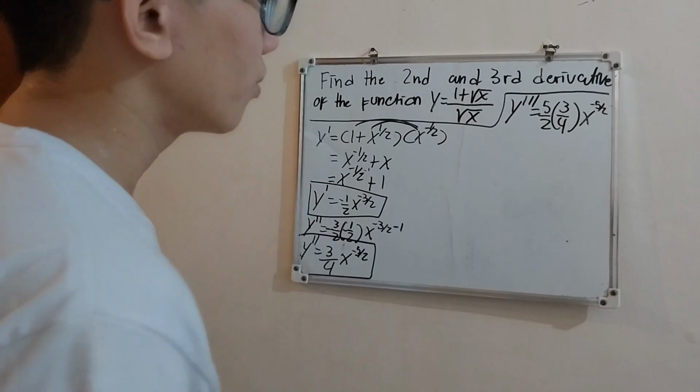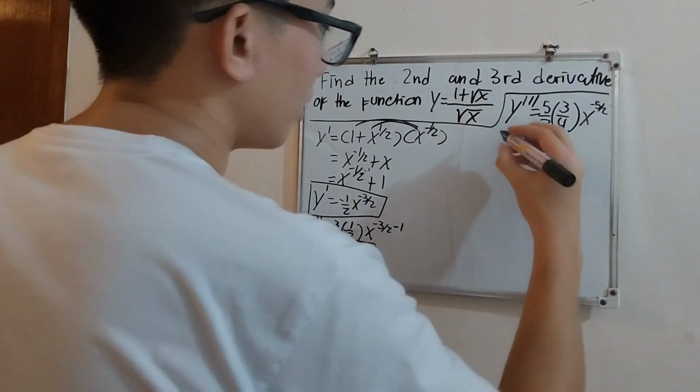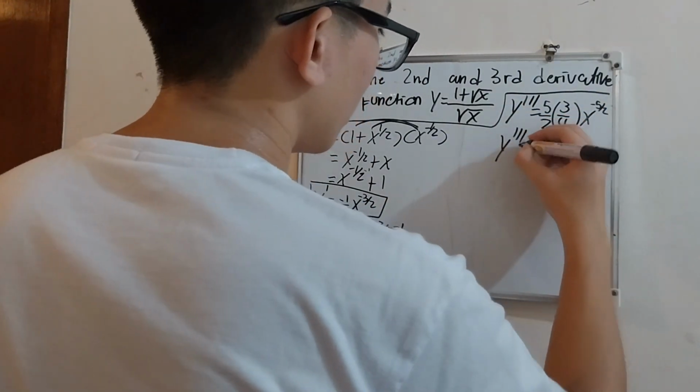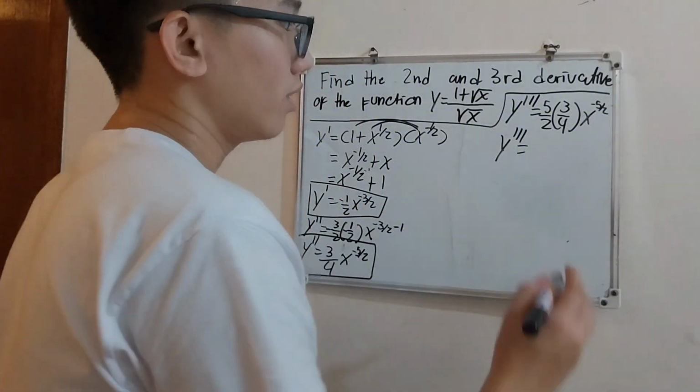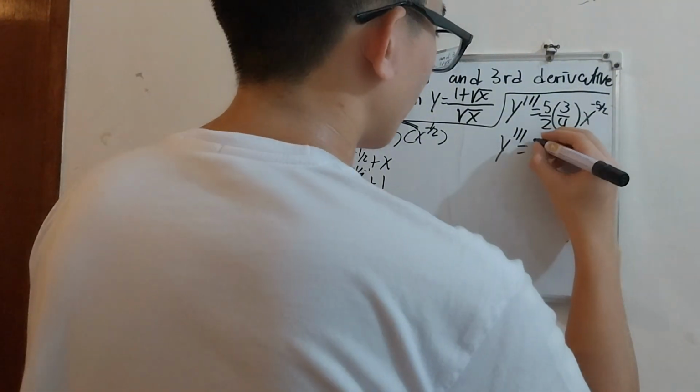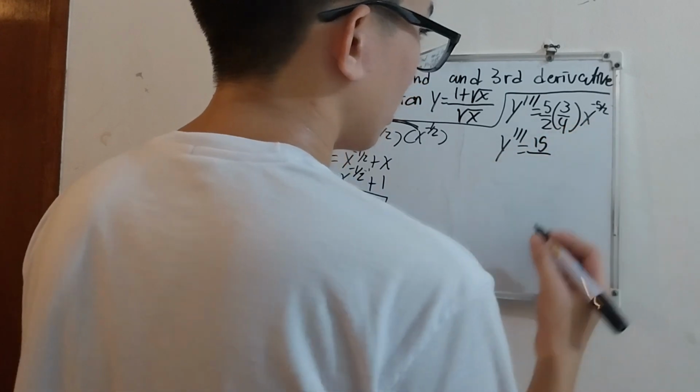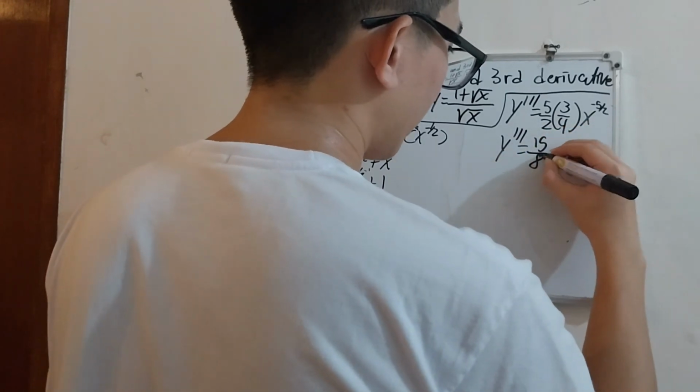So what I'll do here is 5 times 3. So our third derivative is 5 times 3, which is equal to 15, 2 times 4 is equal to 8.